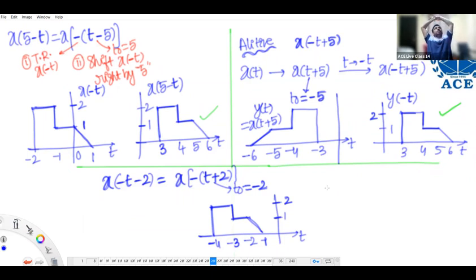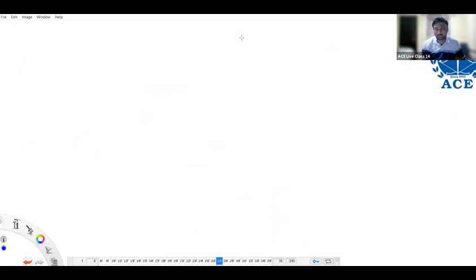Any signal multiplied by the step function means we want the resultant signal only for positive time. Carry on, make a try.